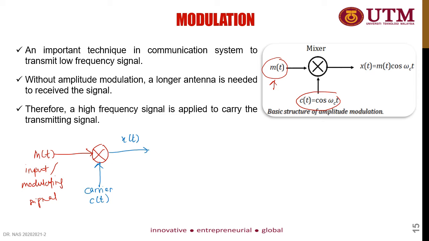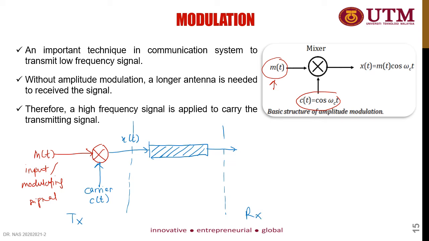The signal will then be transmitted via a channel or transmission medium until it reaches the receiving end. The first part is the transmitter part, and the final part is the receiver part.